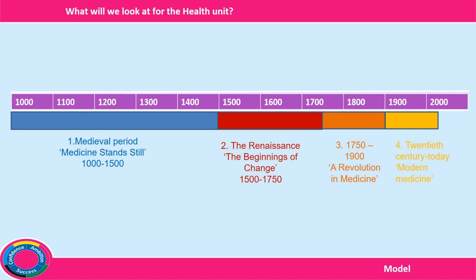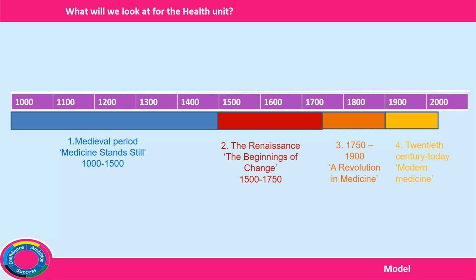And as I said last lesson, this course is divided into 4 sections. So we look at the medieval period, which is known as medicine stands still, because we do have some development, but not a lot. We then move on and look at the Renaissance, so the beginning of change. So this is where we see some improvements. People are starting to question some of the practices that they've been practicing previously. And we see the development of new ideas.